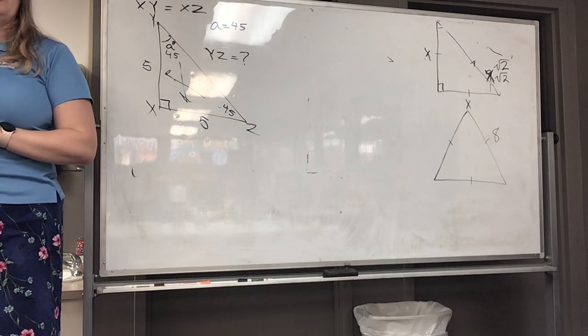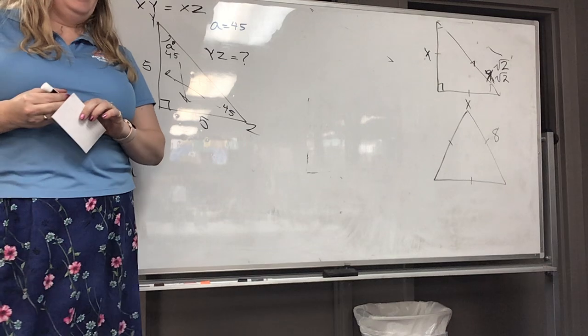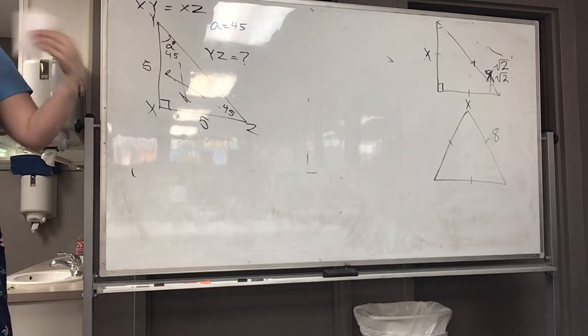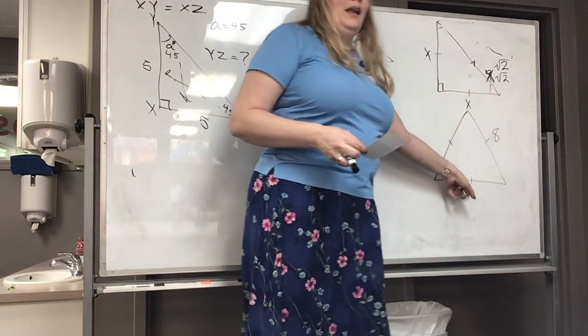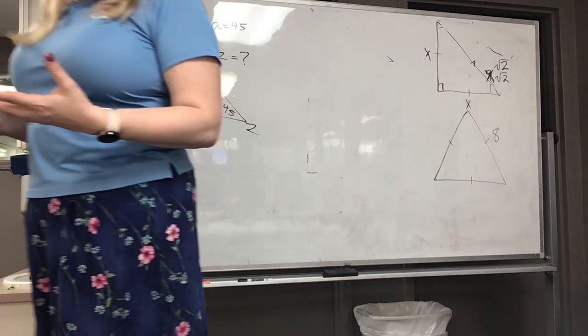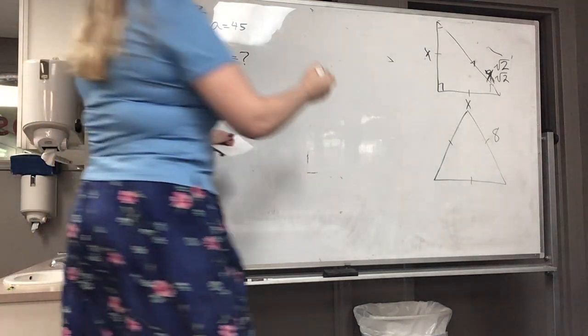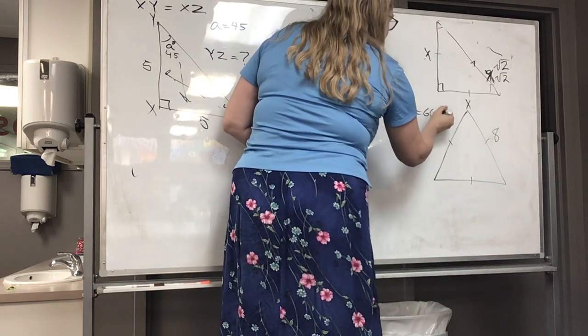It's okay if you don't, just curious. Aren't they like 60 each? Yes, because again, equal angles means equal sides mean equal angles. If all three sides are the same, all three angles are going to be the same. And so we take that 180, chop it up into 3 equal pieces, and we get 60, 60, 60.